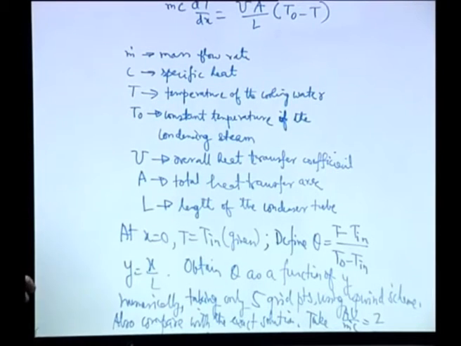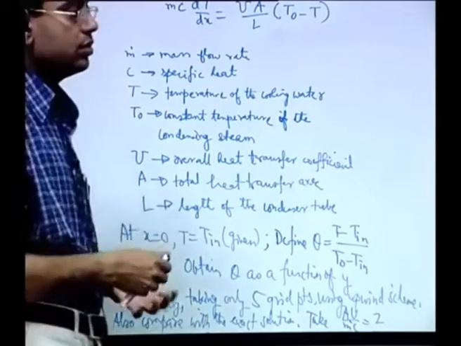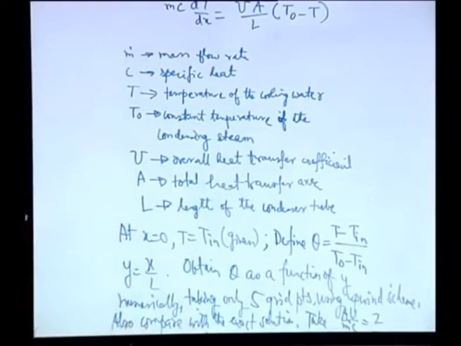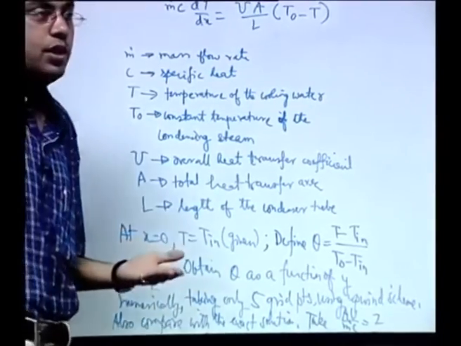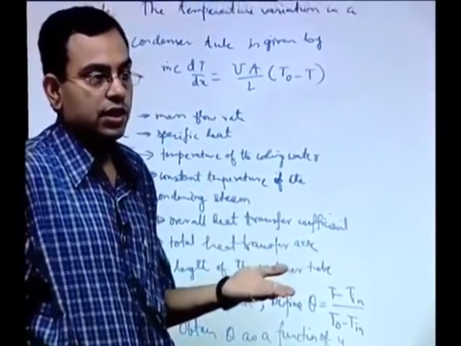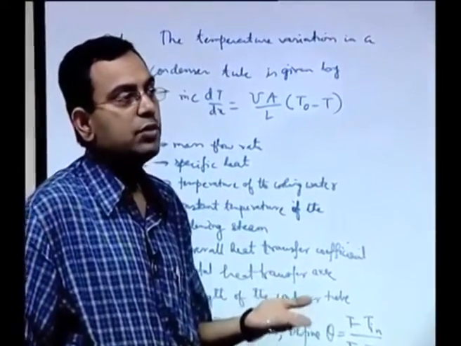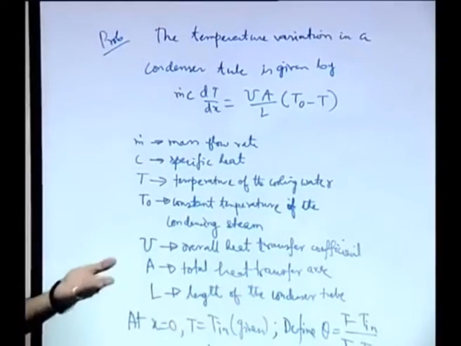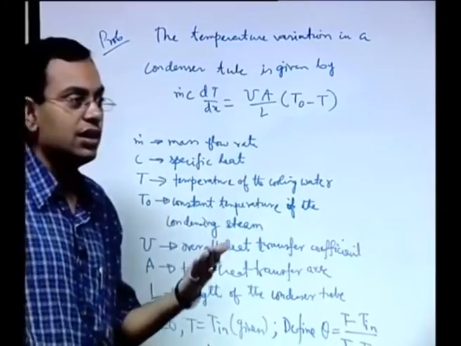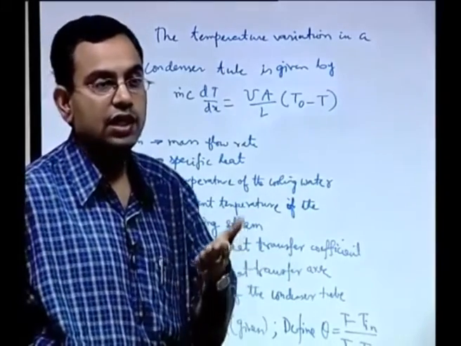So, the physical problem, as you know, is a condenser in a power plant, in a thermal power plant for example, where you require to condense the steam. To do that you have some cooling water, and the steam, in effect of heat transfer with the cooling water, rejects heat to the cooling water and gets condensed.